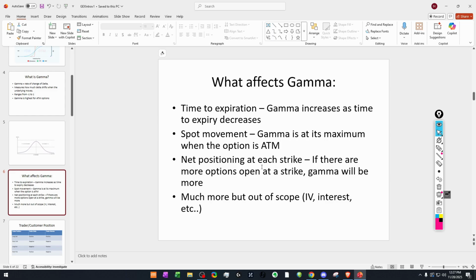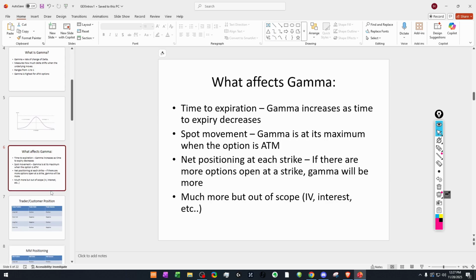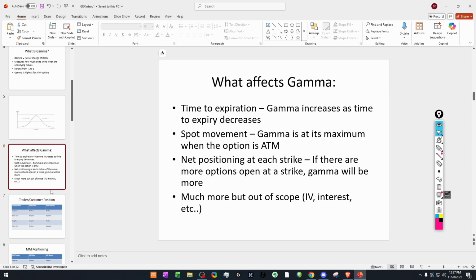So it's kind of like a cumulative effect. The more contracts open at that strike, the more gamma there's going to be, and vice versa, the fewer open contracts, the less the gamma. There's a lot more things that go into this, like implied volatility or interest rates, but it's not very useful for us.